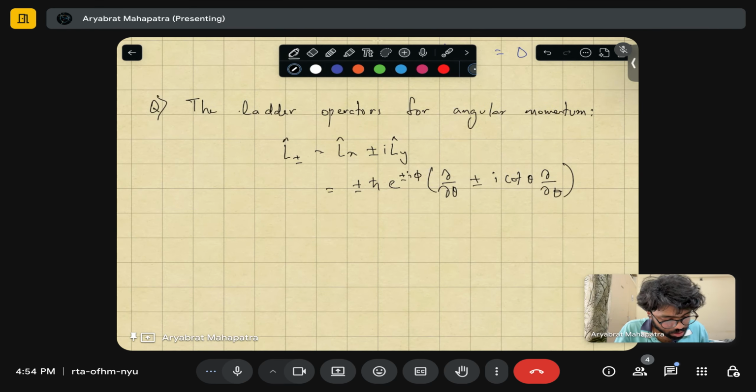So now, the action of the LZ operator on spherical harmonics.